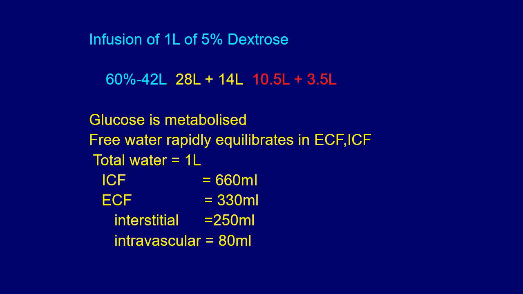So it will roughly be 80 milliliters finally staying in the intravascular compartment. Now you see, you have infused 1 liter of 5% dextrose into a person's blood vessels, and finally only 80 milliliters is remaining inside blood vessels. The rest has gone out to the interstitial compartment, and from there into the intracellular compartment.